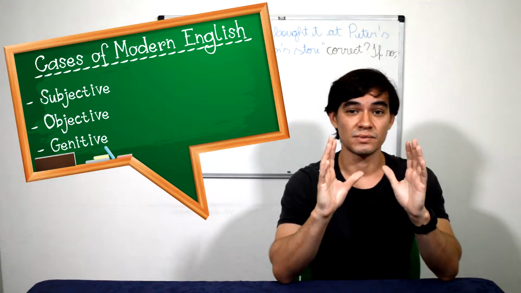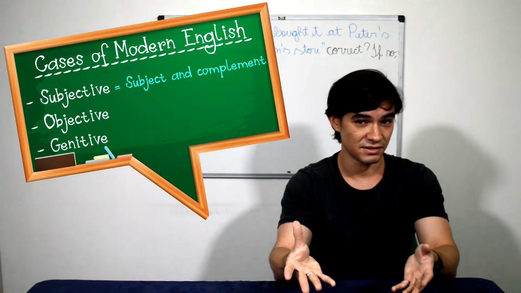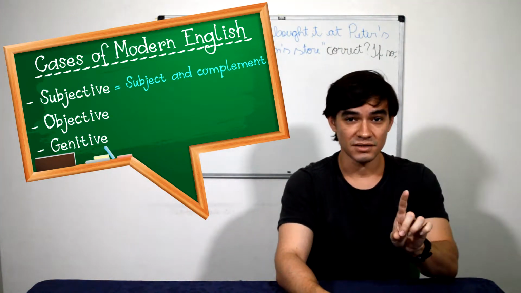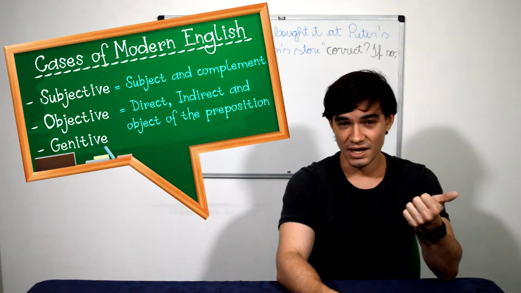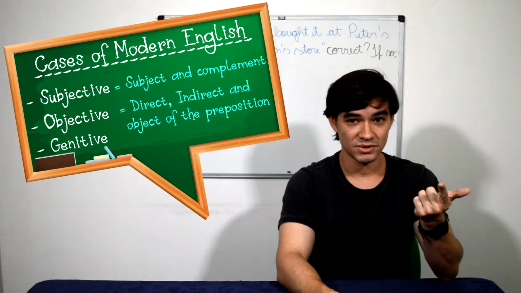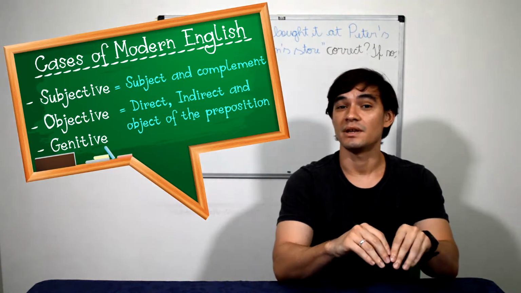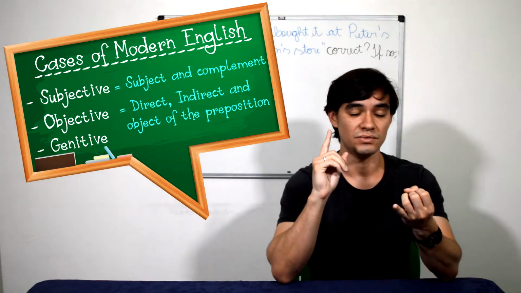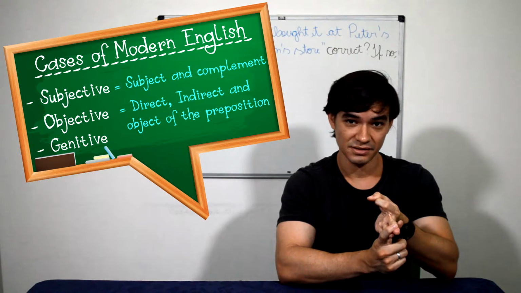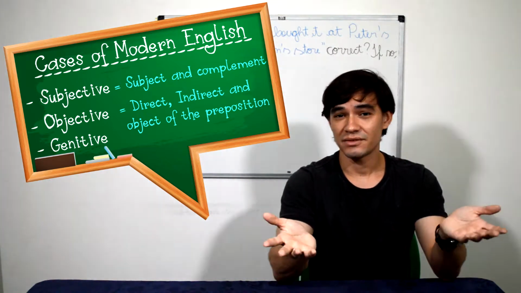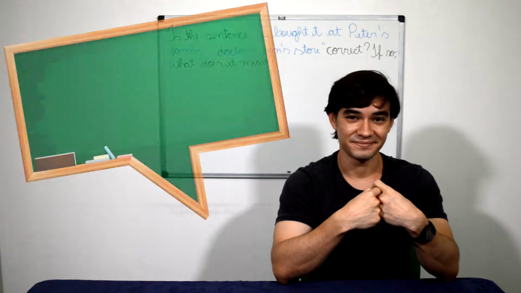Therefore, it deals with the subject and the complement of the subject of a sentence. The objective speaks of all the objects, that is, direct object, indirect object, and object of the preposition. Therefore, it encompasses the old accusative, dative, and instrumental cases. And then we have the genitive case. Let's understand this case now.